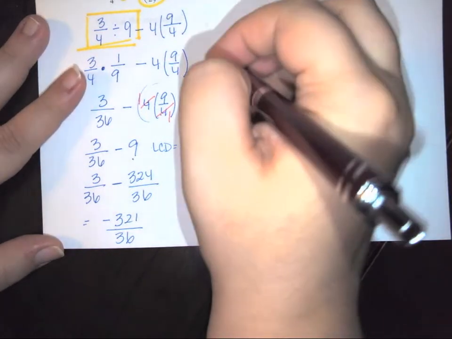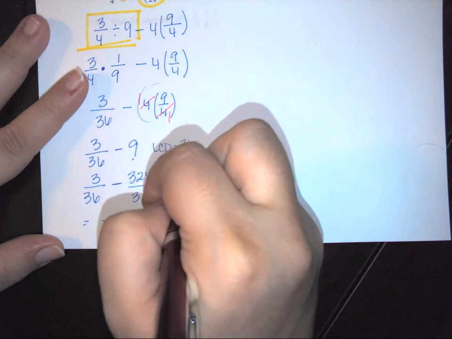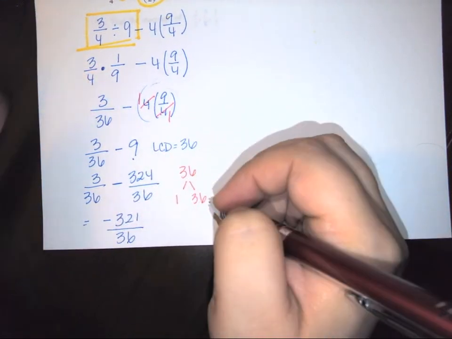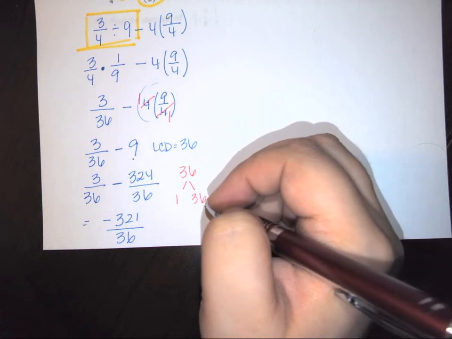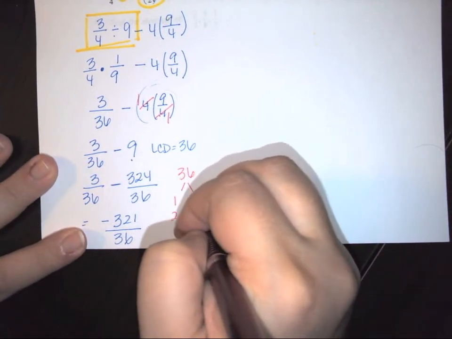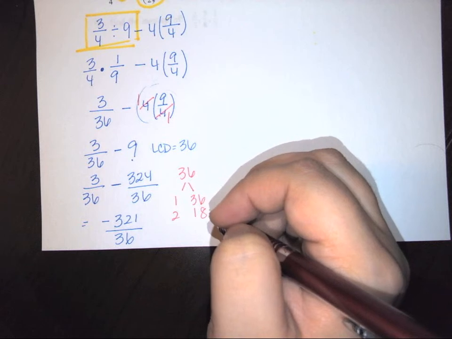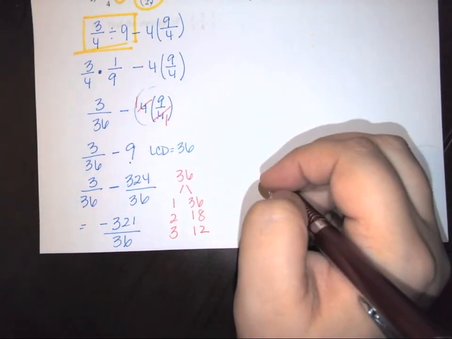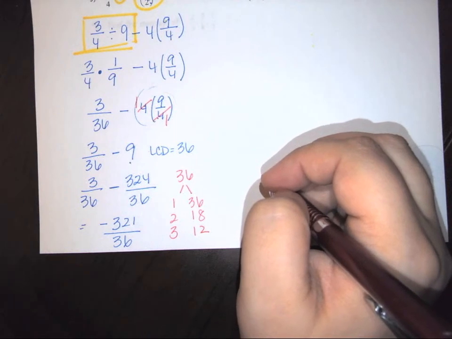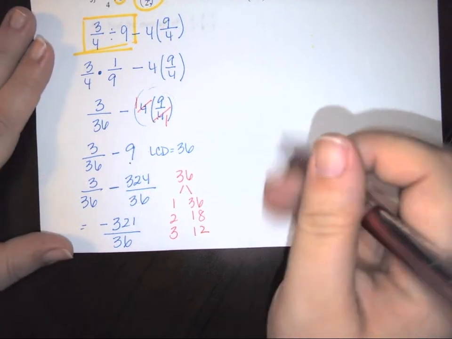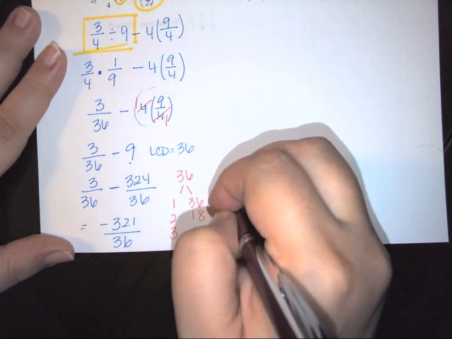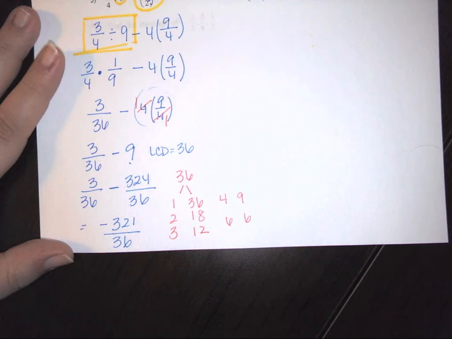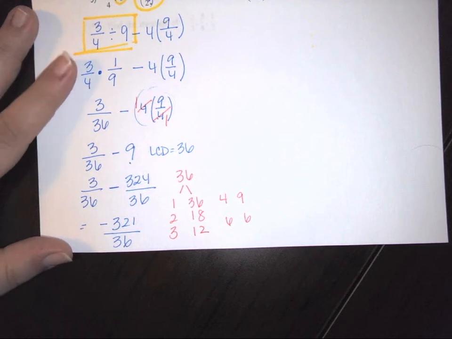So when I'm looking at 36, I'm looking at 1 and 36, 2 and 18, 3 and 12, and then I've got 4 and 9, and then 6 and 6. Okay, so sorry for running out of space.